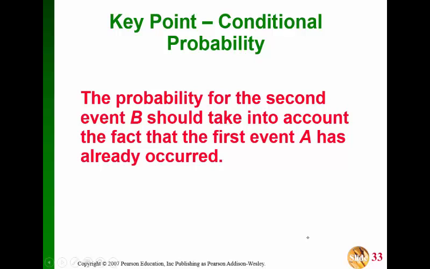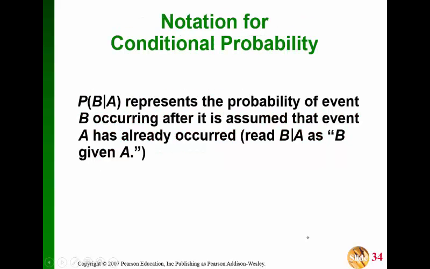Okay? So let's take a look at the notation here. A conditional probability is written like this. This is the probability that B is going to occur given that A had already occurred.